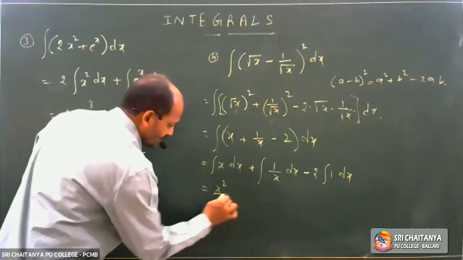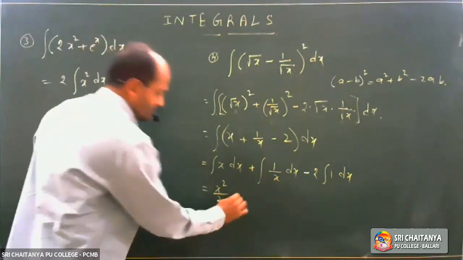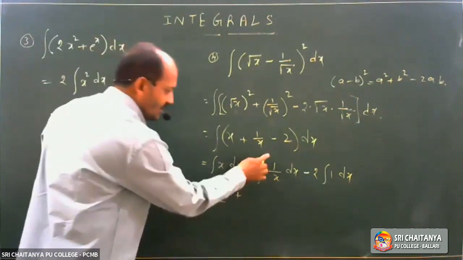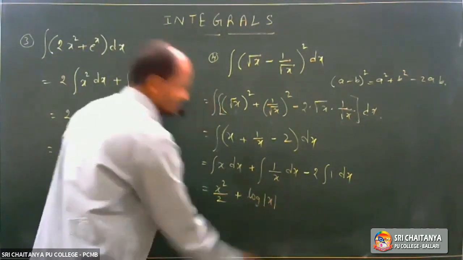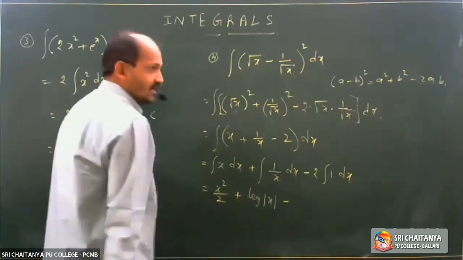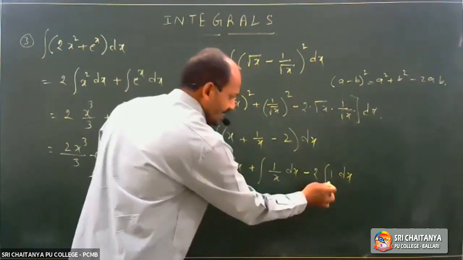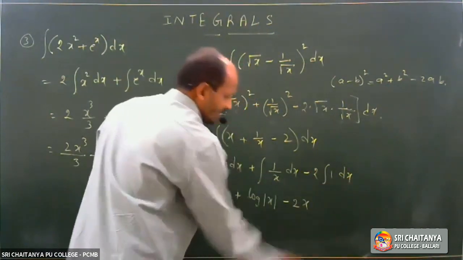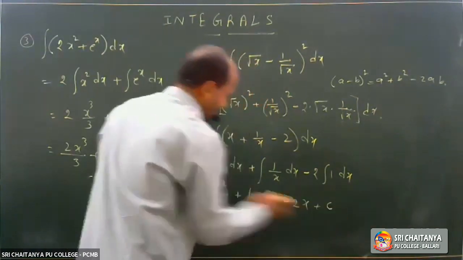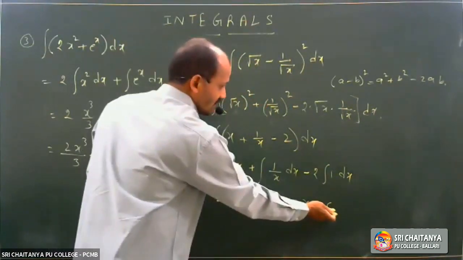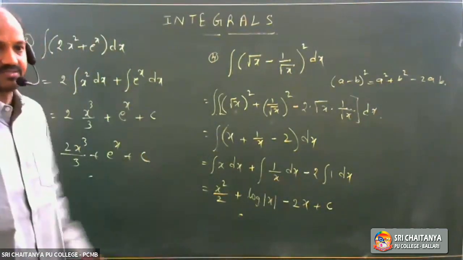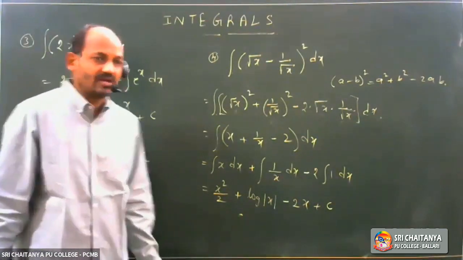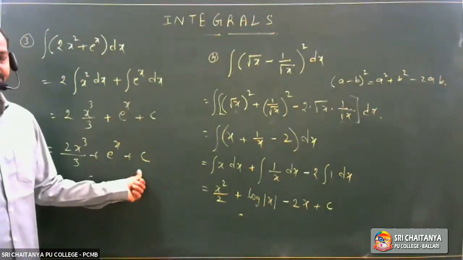X square by 2, plus integral of 1 by x is log mod x, minus 2 into integral of 1 dx is x, plus c. After applying integration, you should write plus c, the constant. It is indefinite integrals, so you should write the constant c.